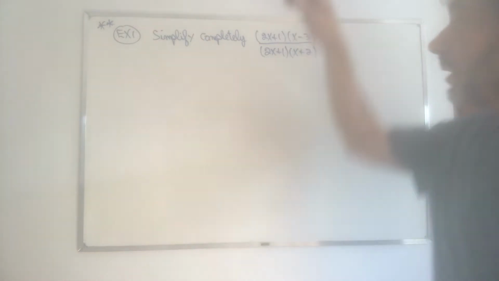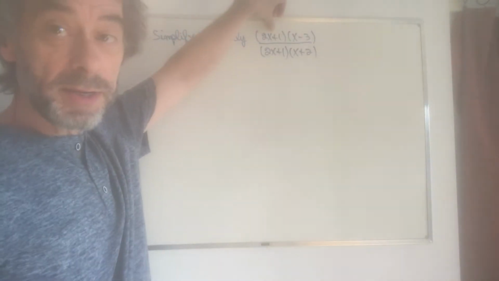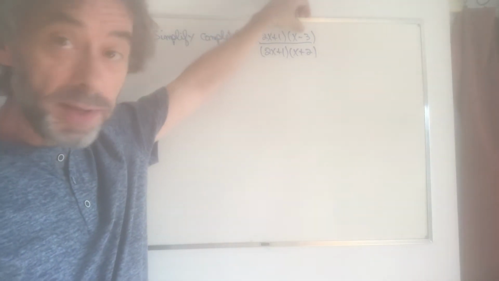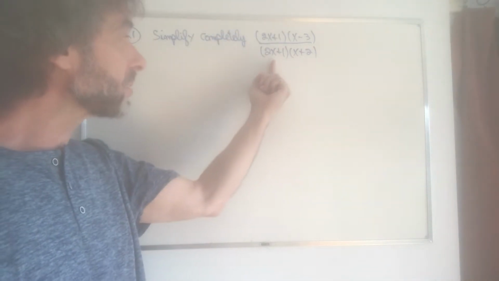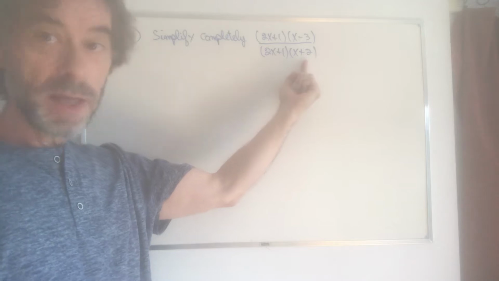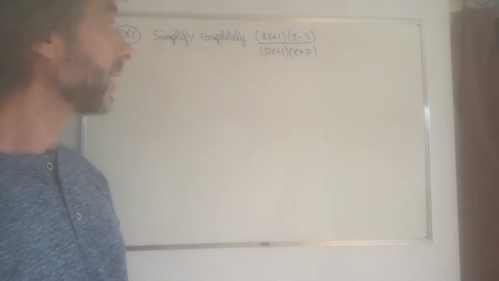This reads, in the numerator, 2x plus 1 in a bracket times x minus 3 in a bracket as well, over 2x plus 1 times x plus 2 all in a bracket.